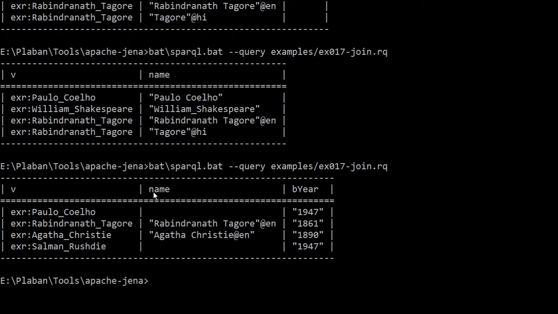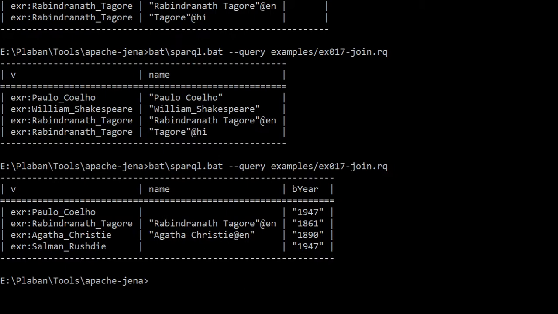So that means name for this particular solution, the Paulo Coelho solution, is not bound, right? So as per the definition that we have given for compatibility, these two solutions, this Paulo Coelho row from table 1 and Paulo Coelho row from table 2, they do not look compatible, right?